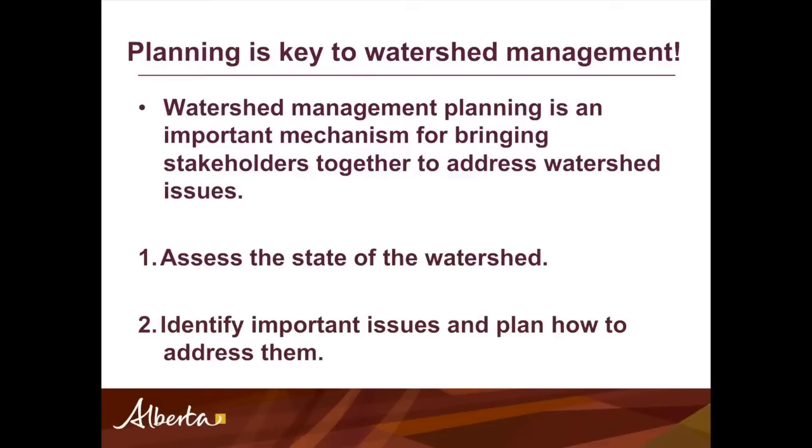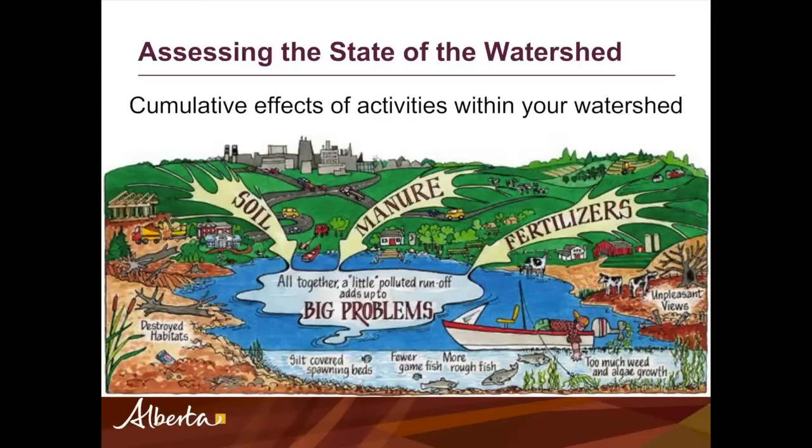Now, moving towards planning, it is key for watershed management. You start with an assessment of the state of the watershed, and then identify important issues and plan how to address them. Now, here's my one photograph.